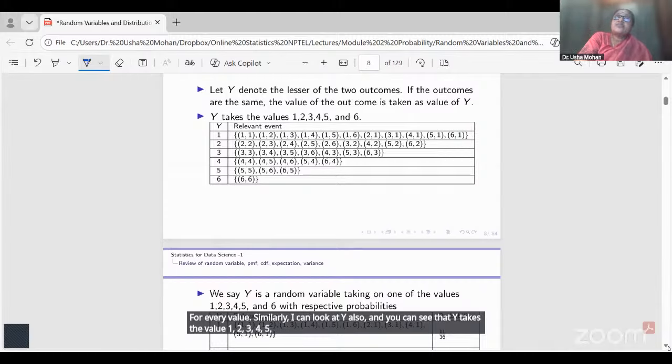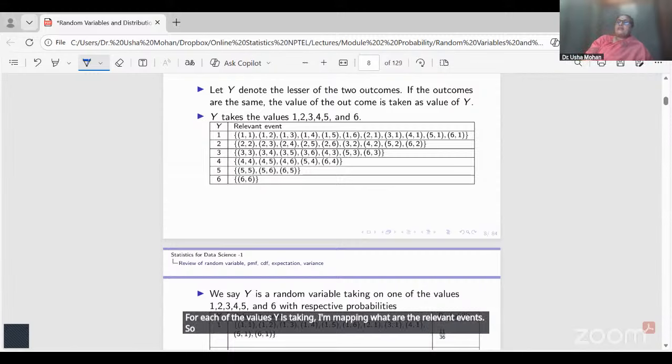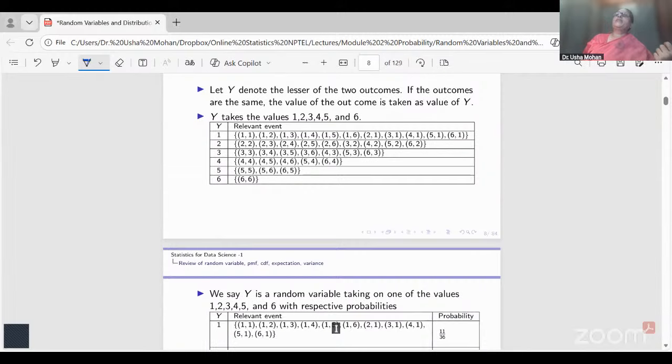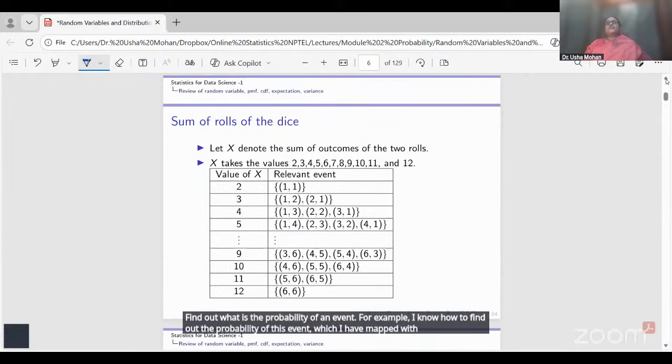For each of the values y is taking, I'm mapping the relevant events. So once I map the relevant events, I go back to my basics of probability. I know how to find the probability of an event. For example, I know how to find the probability of this event which I have mapped with x equal to 2. Why? How do I know this probability?